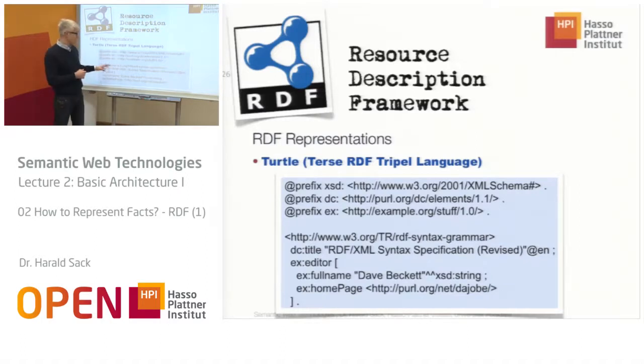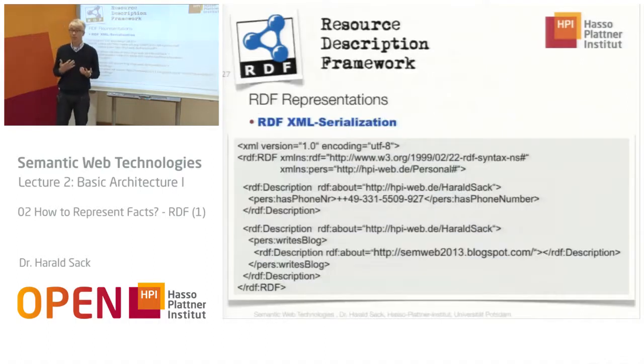Of course, you can also use an XML-based representation of the same facts, and then, as you can see here, it becomes less readable and you have to write more. But this RDF XML serialization is the standard for each web document. So you can embed it pretty simply into the web because XML can be read by most text processors and parsers.